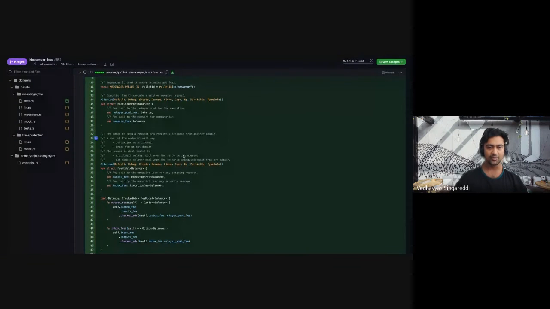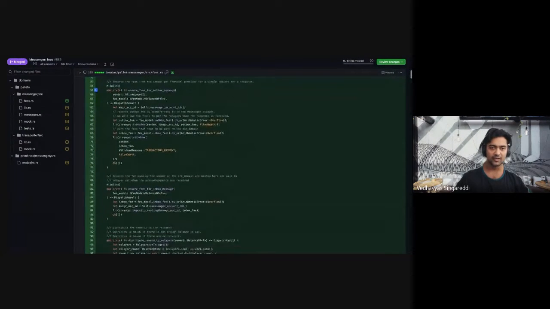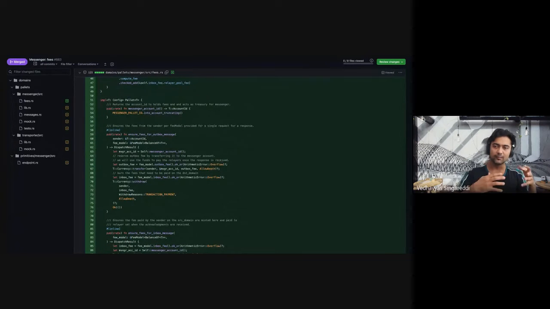But the main idea for this was, when a sender wants to send a message from a source domain to a destination domain, we ideally collect fees when they send a message, and we distribute those fees to the relayers and also to the network at two specific points.